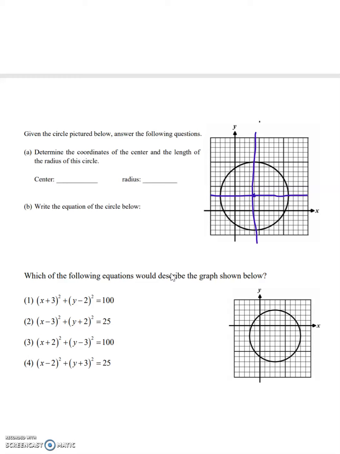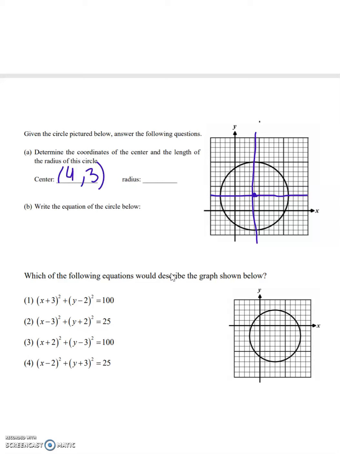Determine that my center is approximately right there. So if I go over, that's 1, 2, 3, 4 over, 1, 2, 3 up. So my center is 4, 3. And then my radius is how far away the center is to the outside of the circle.